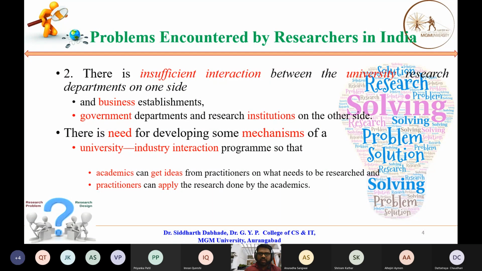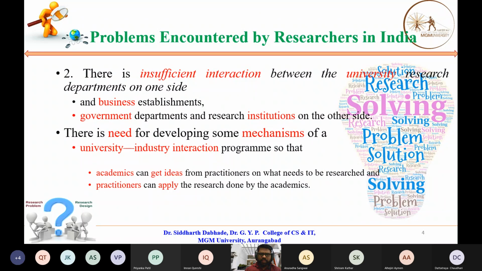Because of that, whatever government policies there are, they are not directly implemented in your research institute. So there is no proper communication between the research institute and the government, or the research institute and the business or industrial communication. The two-way communication is not there, so we are not able to tackle the particular problem.